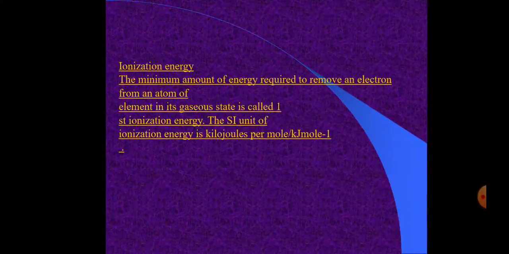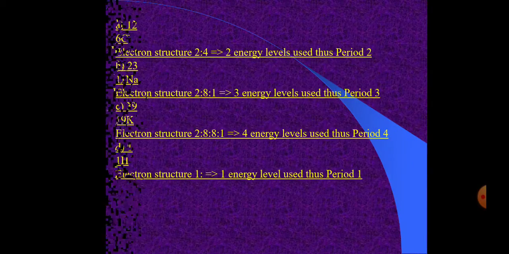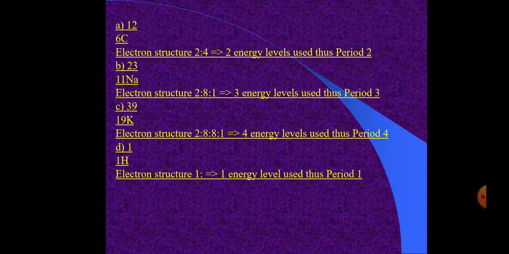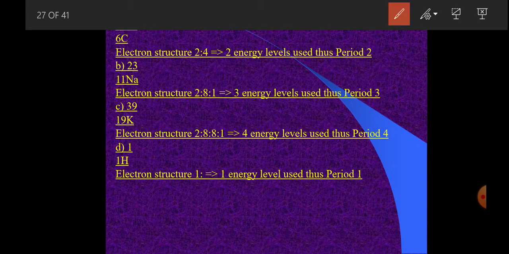We can look at an example of how to group our atoms in the periodic table. Here we have 3 elements that we are going to use. The first one is sodium. Sodium has 11 protons, and because it has 11 protons, it also has 11 electrons.